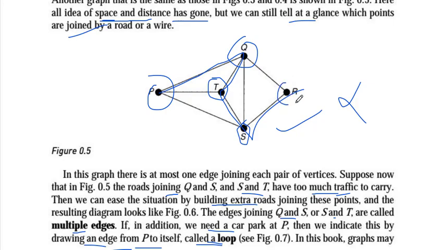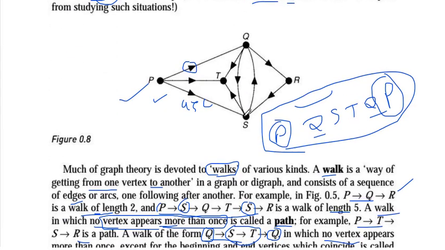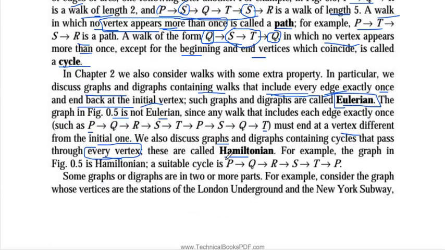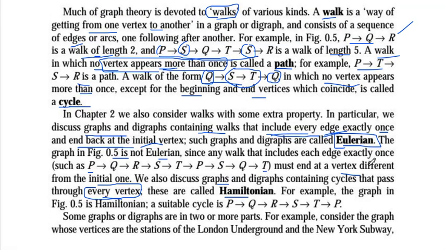Yes, so this is called a Hamiltonian graph. The Eulerian has 3 conditions and the Hamiltonian has 1 condition, and it also has to complete with the starting point and ending point. So a suitable cycle is P, Q, R, S, T and P.